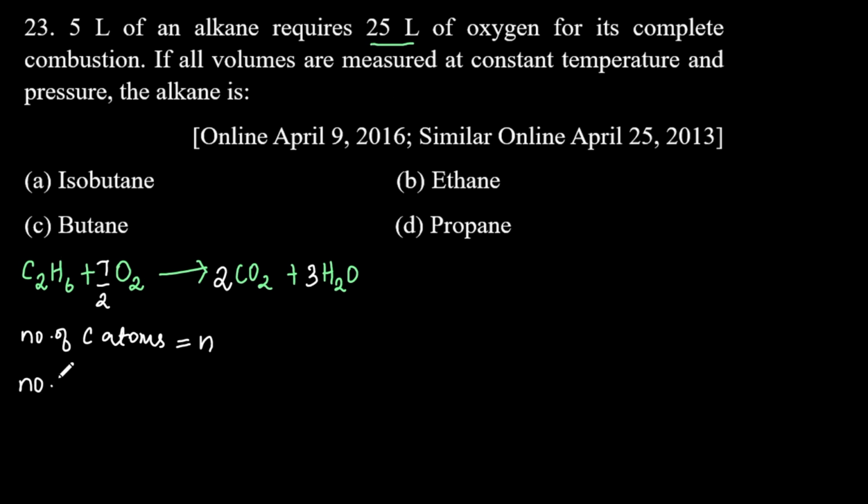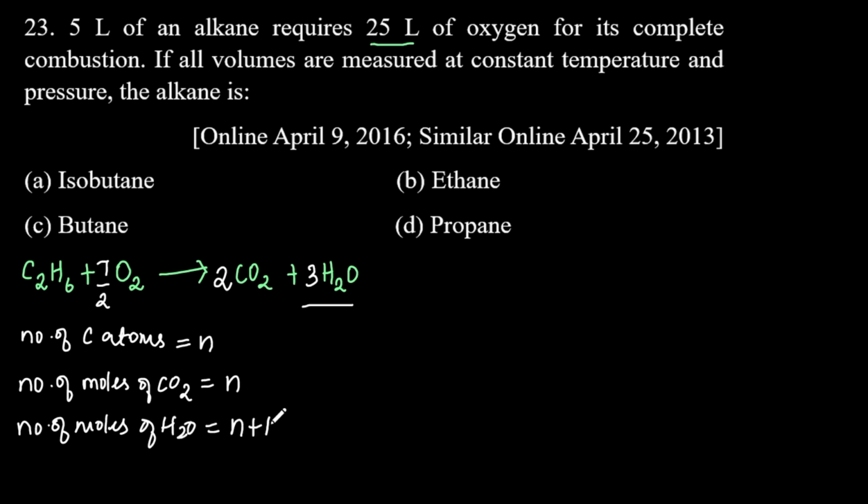So the number of moles of CO2 is also n. Now the number of moles of H2O is 3, which is 2 plus 1, because the number of carbon atoms is 2. So generally we can write the number of moles of H2O as n plus 1.